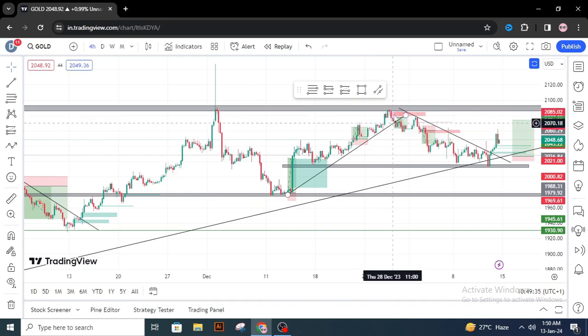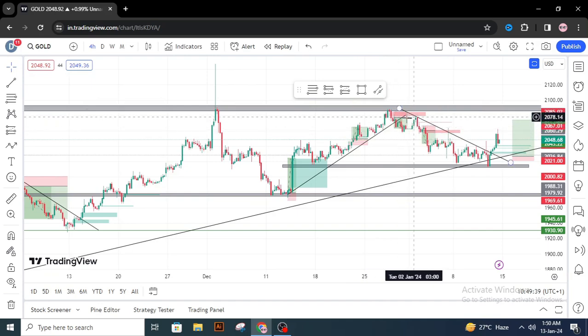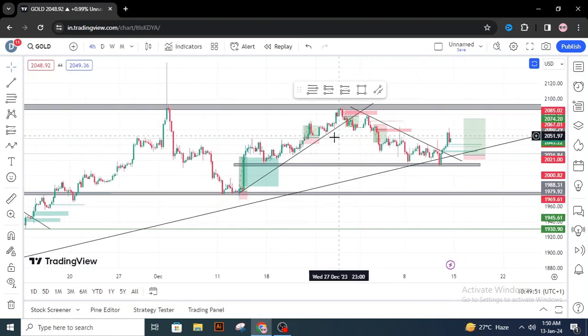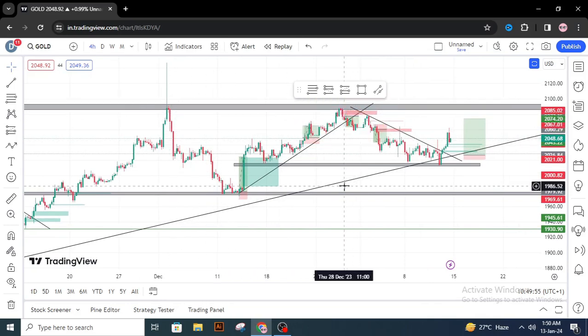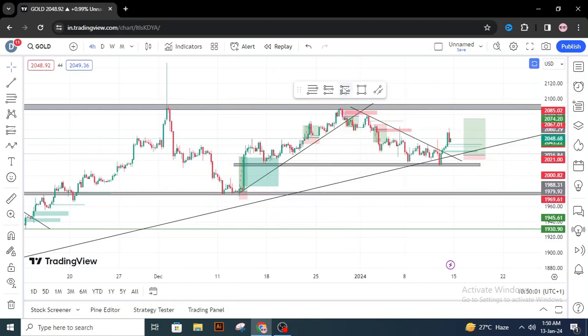But nevertheless, the point is it comes here, breaks this trend line, then retests the trend line and starts coming down. Yeah, so this is the idea. Look for all these price action patterns at a support or resistance level when you are trading gold, and then try to take your trade downward.